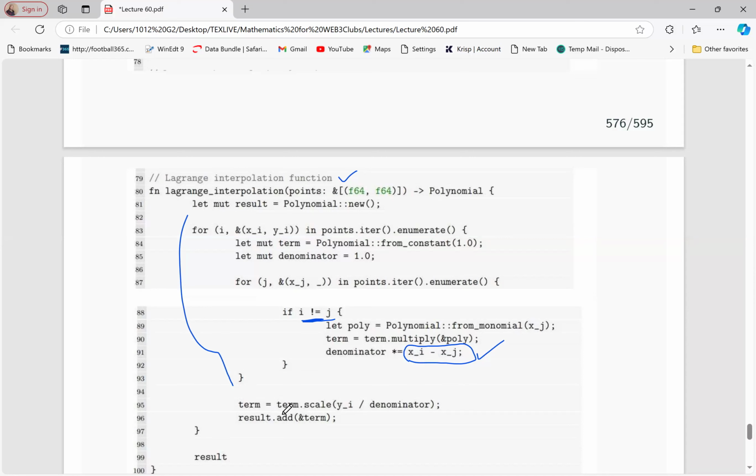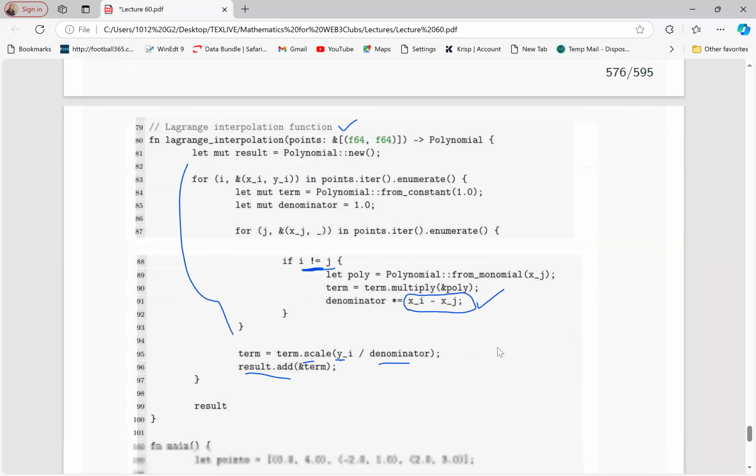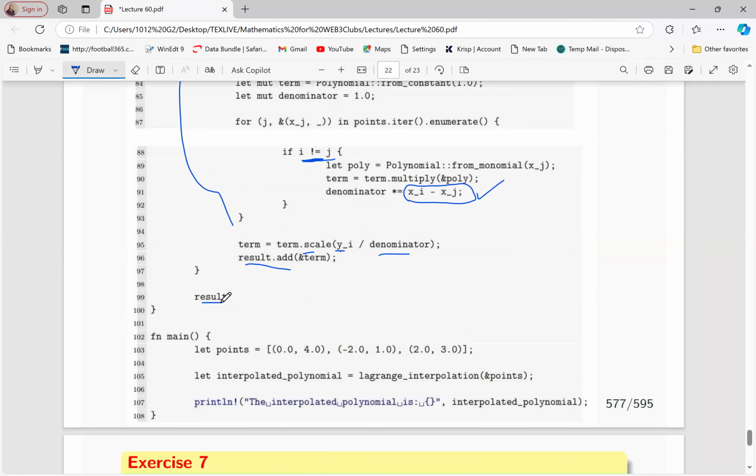And then we have this, the term. What you get in the numerator is divided by this. Then you add, no. This is the y value. The y value is multiplied by whatever you have gotten. Then you are adding the results, all of them, to get the result.